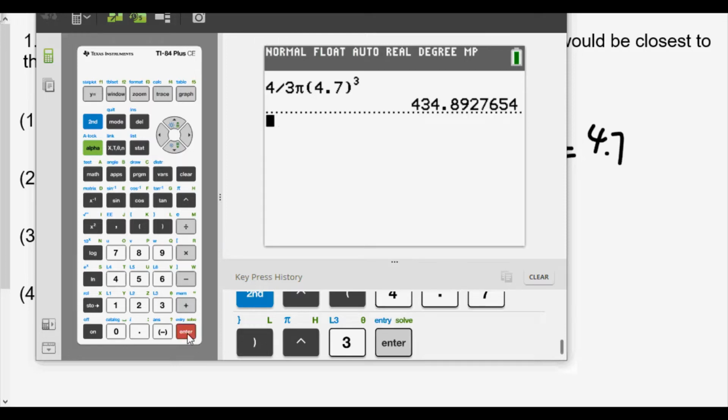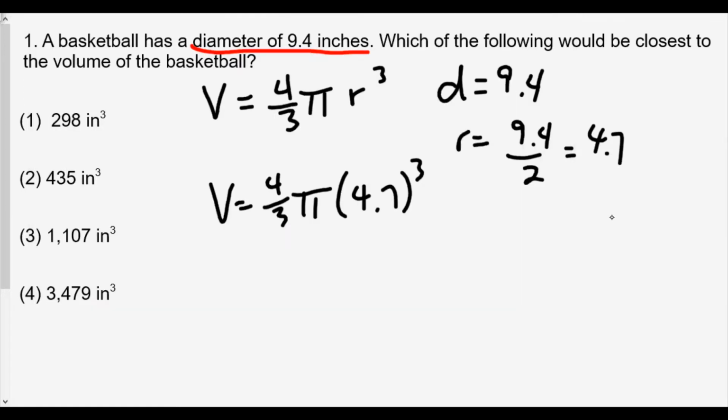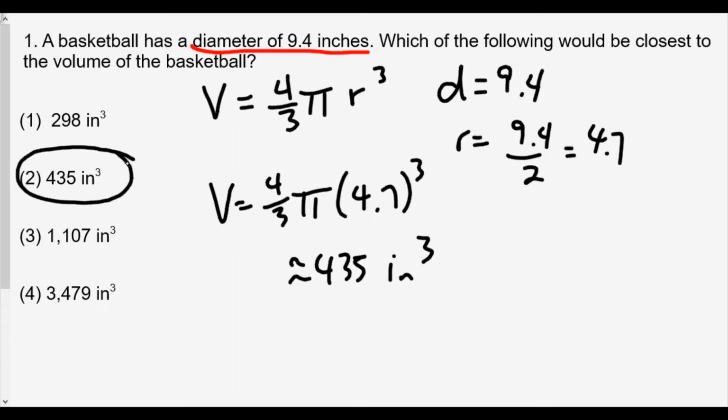And we get 434.89, which will round to approximately 435 cubic inches. So it's approximately 435 cubic inches, which is, in this case, choice 2. Again, once we know what the radius is, we should be able to find our volume.